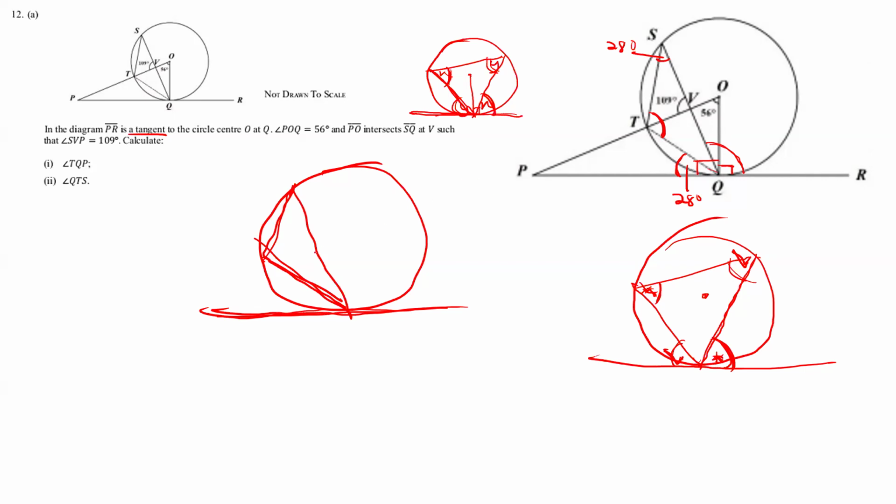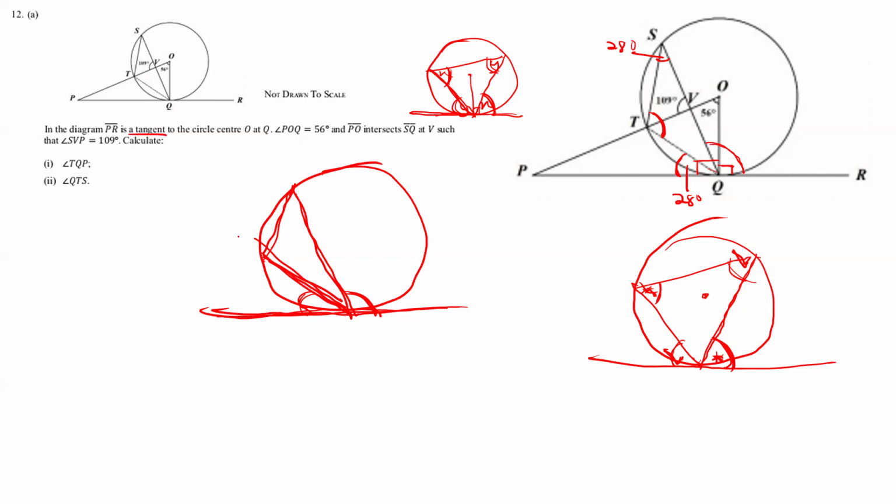If I take this chord, it is making an angle with the tangent here. If I take this chord, it is making an angle with the tangent. This chord has nothing to do with this tangent. It's not meeting it, so it cannot make an angle with the tangent. Two chords, two angles with a tangent.